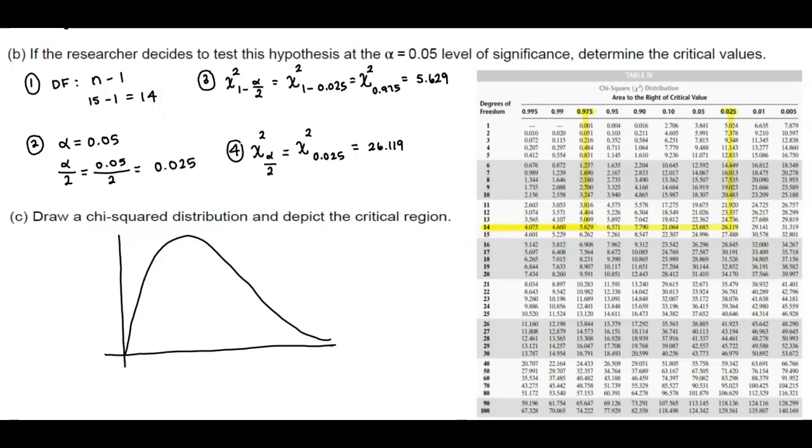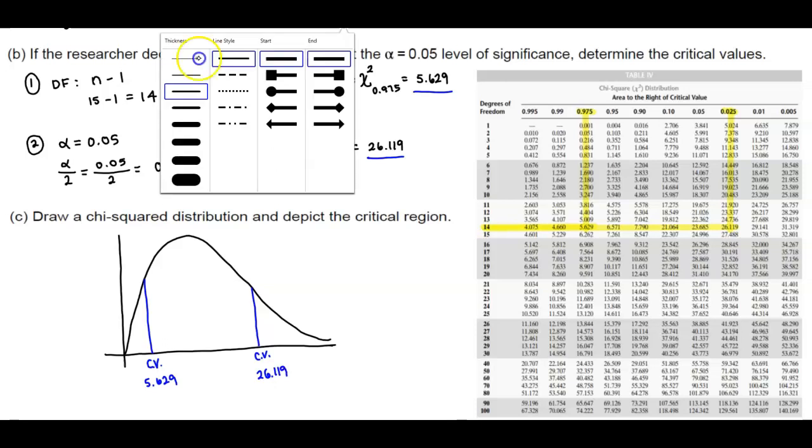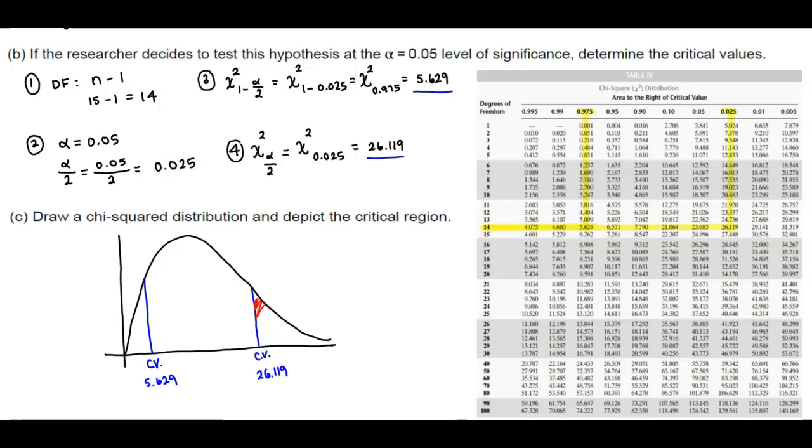We know that we have a critical value on the left side, which is 5.629. And then we also have another critical value at 26.119, which means that we have two critical regions.